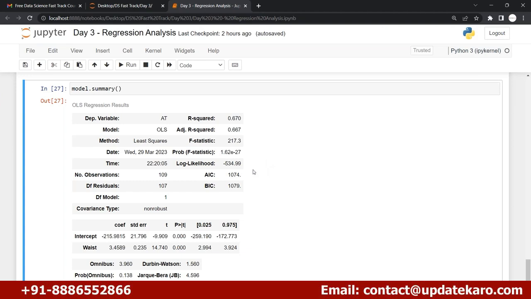Now log likelihood, AIC, BIC, these are the criteria. Akaike's information criteria and the Bayesian information criteria. If you want to see these criteria and decide whether your model is strong or not, try to check whether these values are close to zero or not.